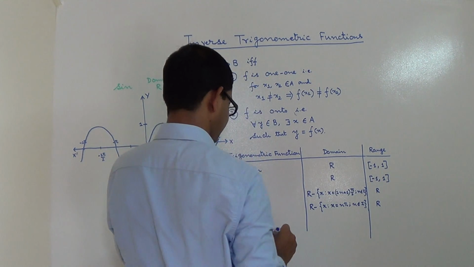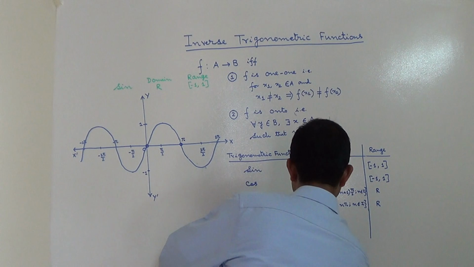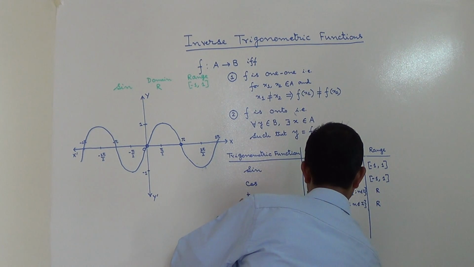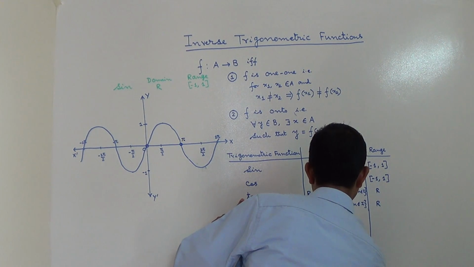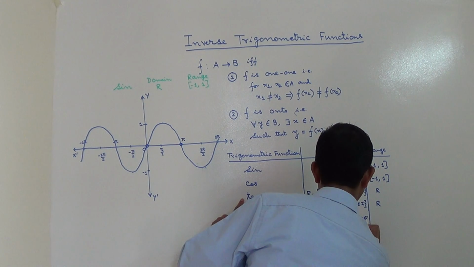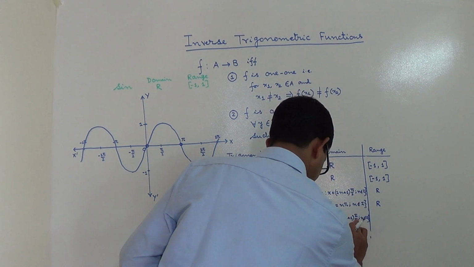The domain of sec is just like tan, that is R minus the set of x such that x equal to (2n plus 1) into pi by 2, n belongs to Z.